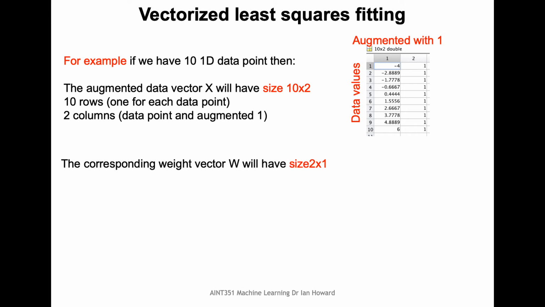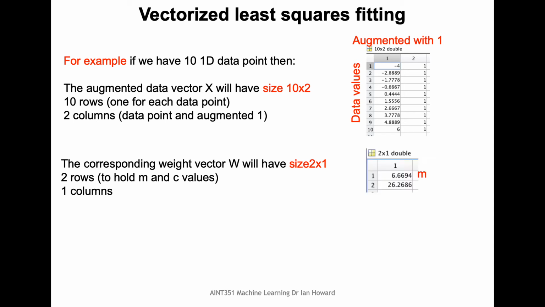Correspondingly, we change the size of the weight matrix in this particular simple case. If we have y equals mx plus c, the one-dimensional case, then the first value in our weight matrix is going to be the m, and the second one is appended with the c.